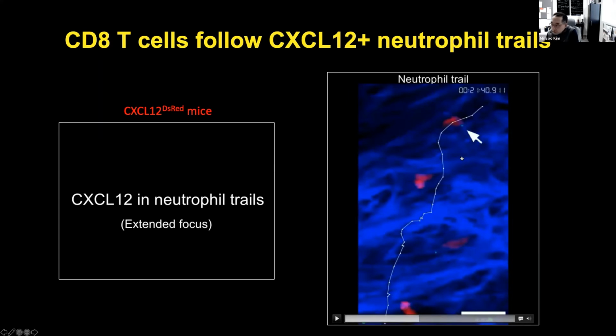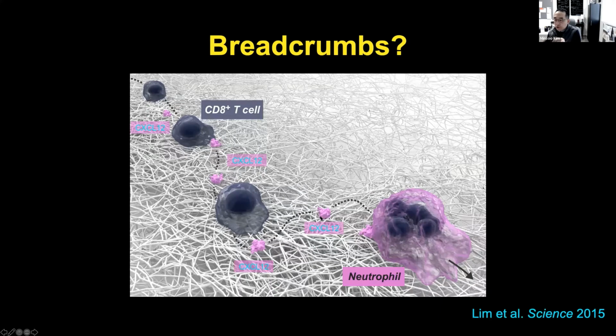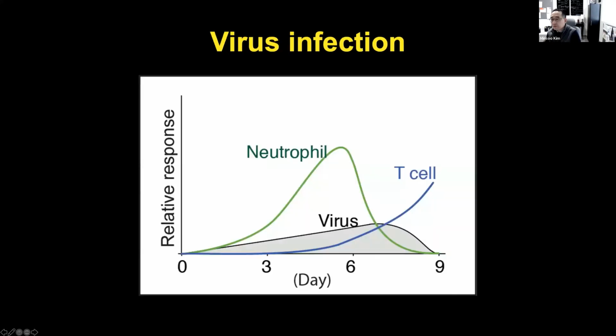So both in vitro and in vivo, the data suggests that neutrophil trails can function as breadcrumbs, and in this case, neutrophil trails contain CXCL12, which is potentially a very important chemokine to guide CD8 T cell migration to their location. So that really suggests that the neutrophil response is quite important for T cell migration and location.